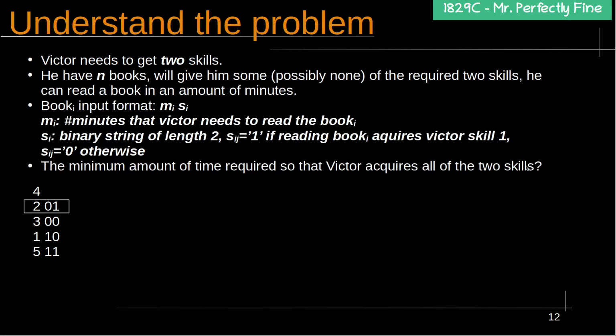Let's take this example. We have 4 books to read. We want to compute the minimum amount of time required for Victor to acquire the 2 skills. He can read the 2 minutes book that gives Victor skill number 2, because we have 0, 1 here, so skill number 2 is acquired by this book.